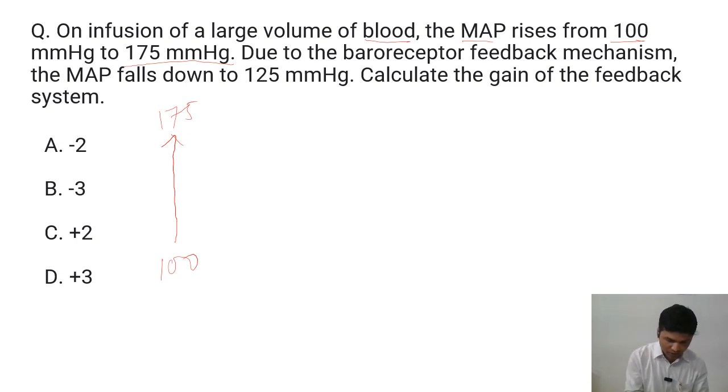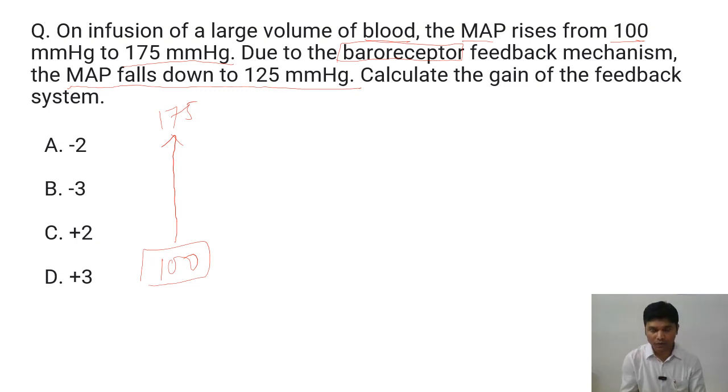Due to the baroreceptor feedback mechanism, mean arterial pressure falls down to 125. So we start with 100 normal, then it reaches 175, then the baroreceptor works and mean arterial pressure falls down to 125.